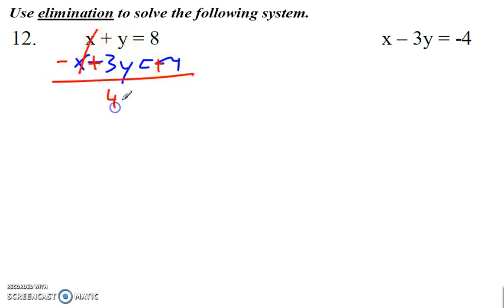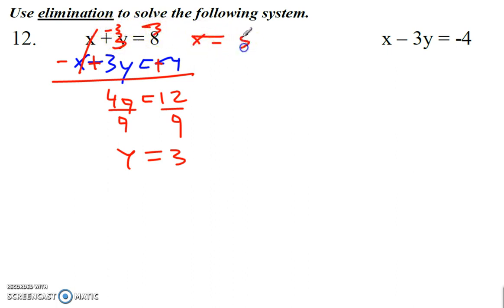This is 4y is equal to 12. Divide by 4. y is equal to 3. Plug that back into either one of them. 3 there. Subtract 3 from each side. And x equals 5. So 5 and 3.